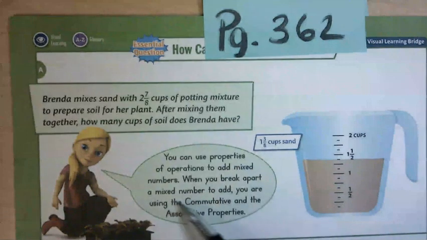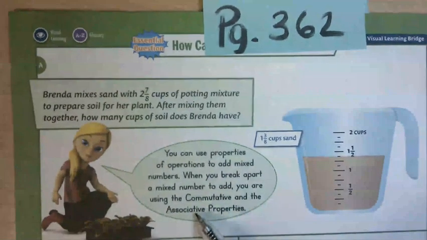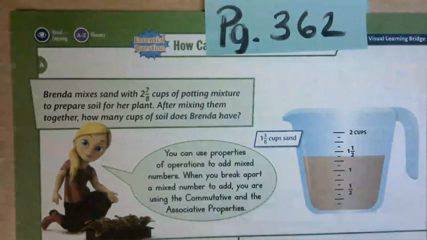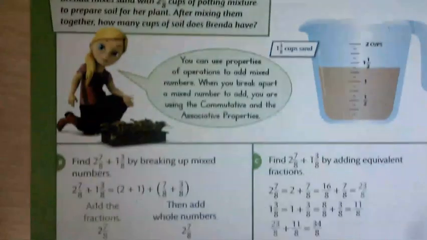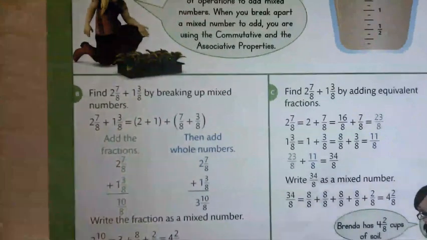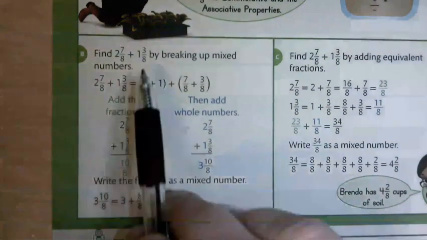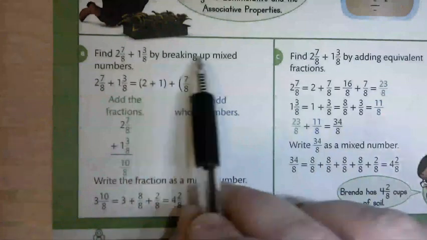When you break apart a mixed number to add, you're using the commutative and associative properties. We talked about those much earlier in the year, and also last year in third grade. So that's what we're going to be working on, breaking these apart. Let's look at that in box B. It says, find 2 7/8 plus 1 3/8 by breaking up the mixed numbers.